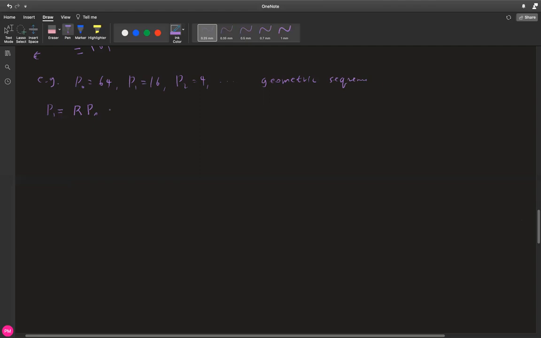Using this, we previously deduced that we can simply find the common ratio as P sub 1 over P sub 0.